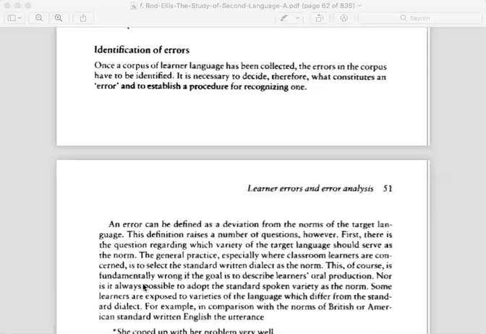And we also talked about cross-sectional and longitudinal studies related to the time period of data collection.